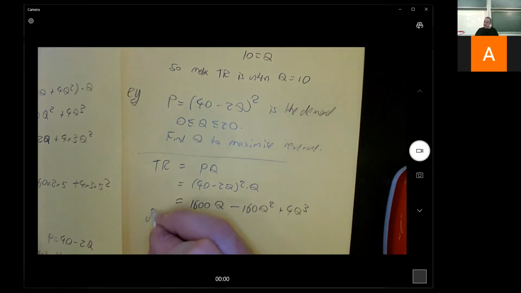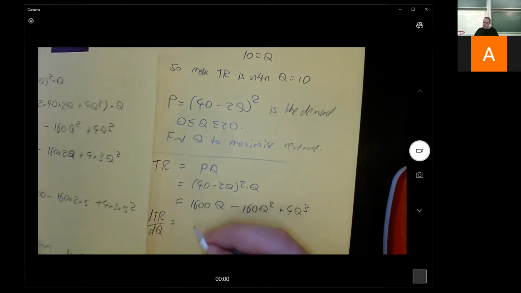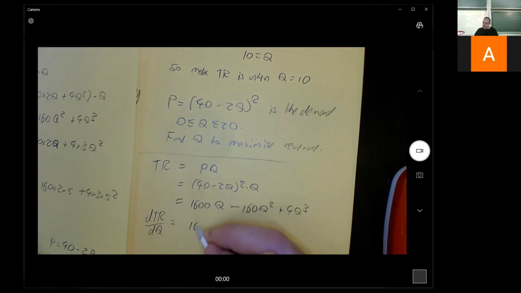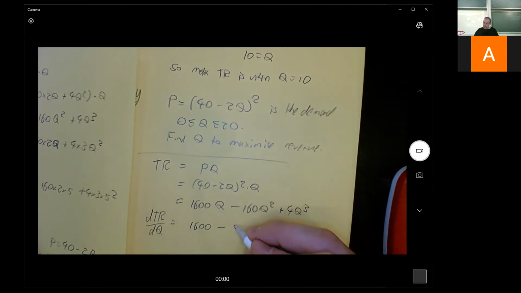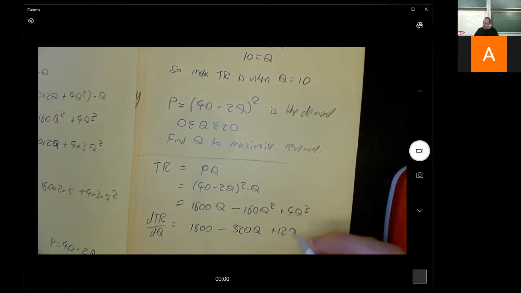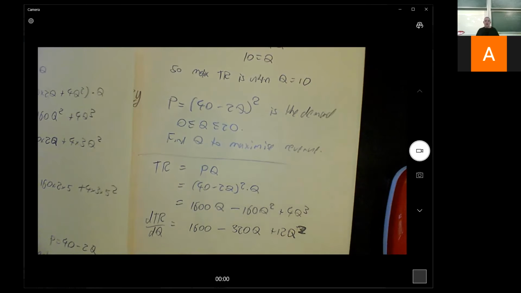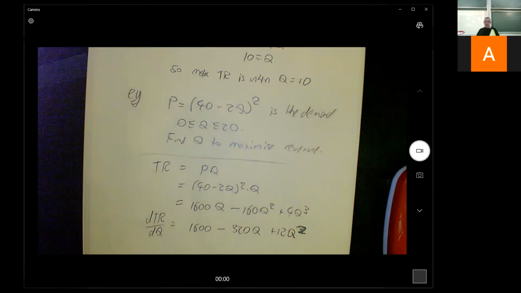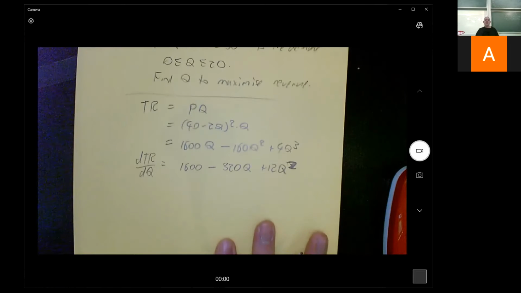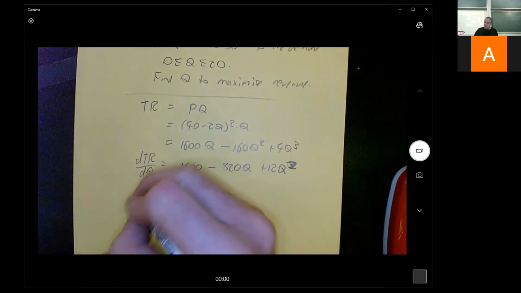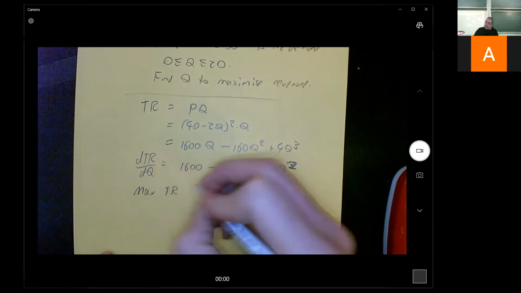And I already did the marginal revenue. And it was squared. And so to find where the maximum revenue occurs, I would need to figure out when that is equal to 0. So maximum of TR.